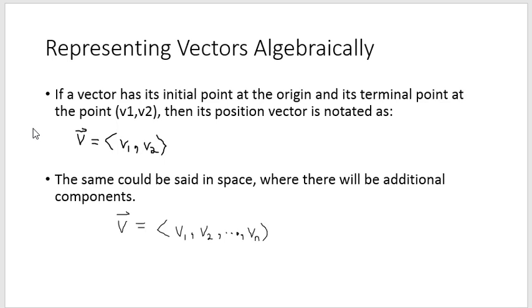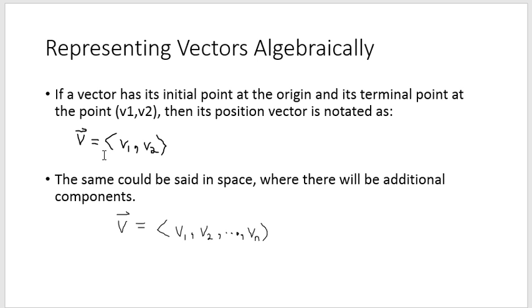So first we need to learn how to represent vectors algebraically. And I taught you about the initial point and the terminal point in a previous video. And the terminal point would be represented as v1, v2. And the position vector is notated as you can see by my horrible computer handwriting.